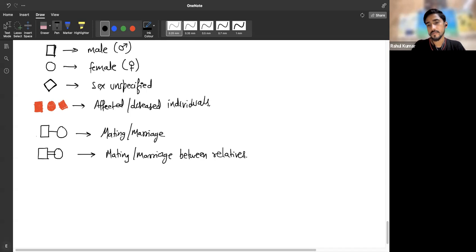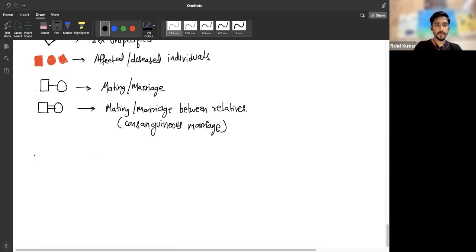Relatives who are blood relatives, like first cousin, second cousin, but come in that family only. This has another word, consanguineous marriage. So marriage in close relatives is shown by a double bond. Is it clear, everyone?